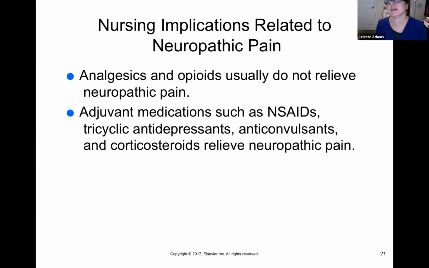Surgery would be more of an extreme measure, but it would have to be a little bit more mechanical to really get to the neuropathic pain, whereas nociceptive pain can normally be relieved by less mechanical measures. Neuropathic pain is going to be a little bit more complex. Any questions? Okay, all right.